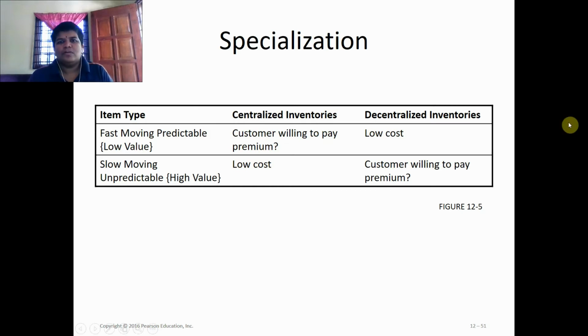Decentralized may be lower cost compared to centralized. For fast moving products, decentralized is better, because the response is very fast and the order from the customer is very immediate. So you have to look at customer behavior towards a certain item.